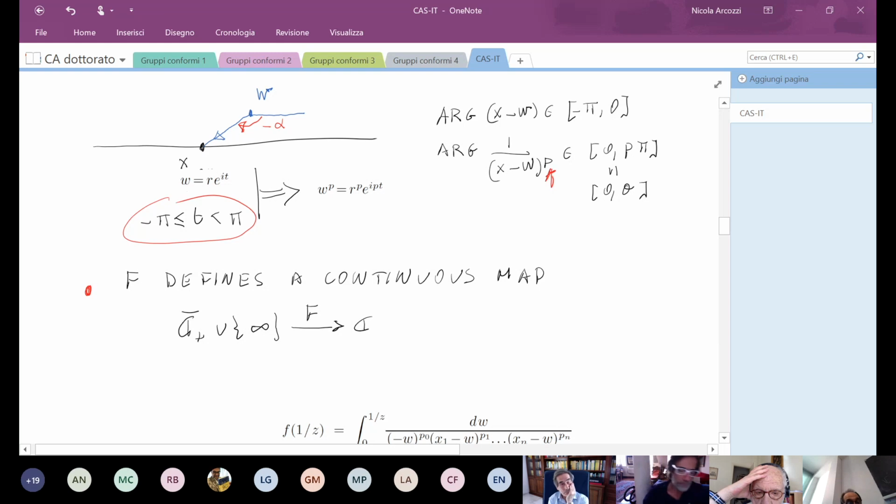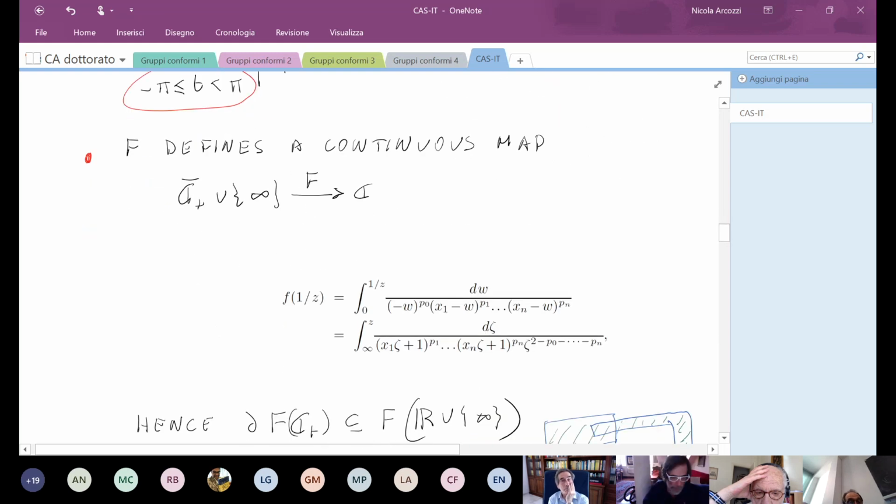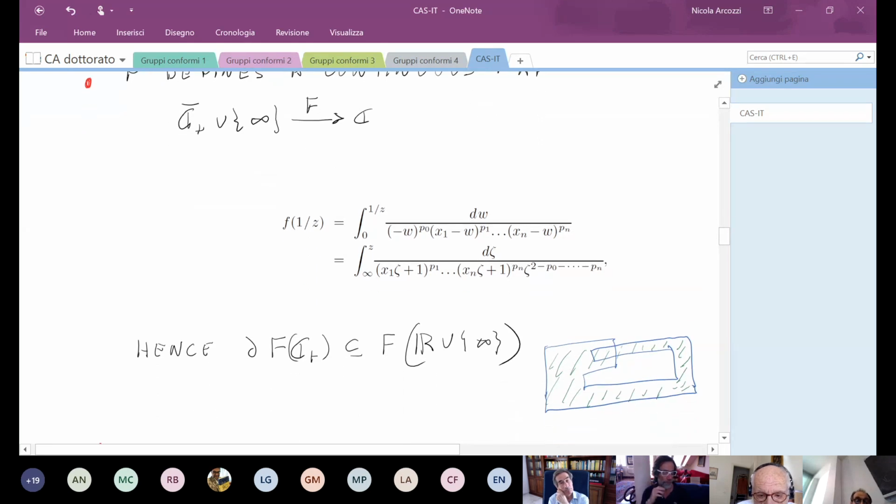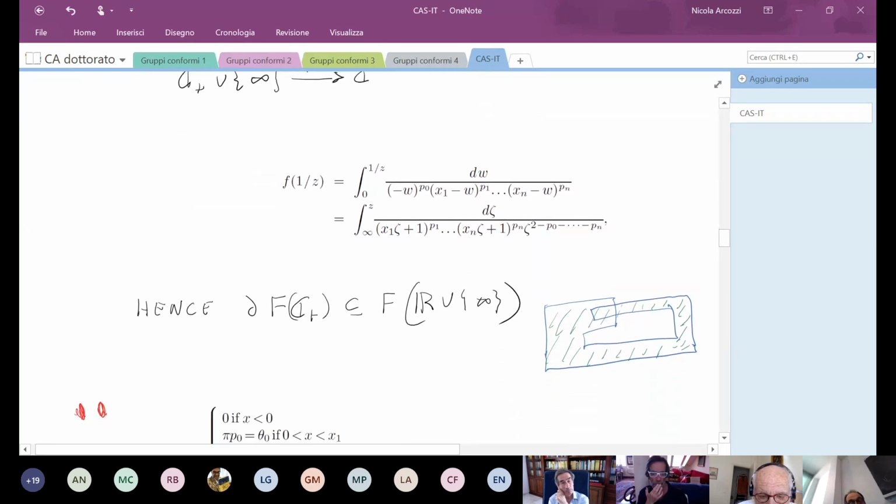Okay, a few things about this map. Well, first, F defines a continuous map on the closure of the upper half plane in the Riemann sphere, so including infinity. And you can see that because if you make a change of variables, f of 1 over z, and you do calculations, you can also check that the arguments work in all of these.